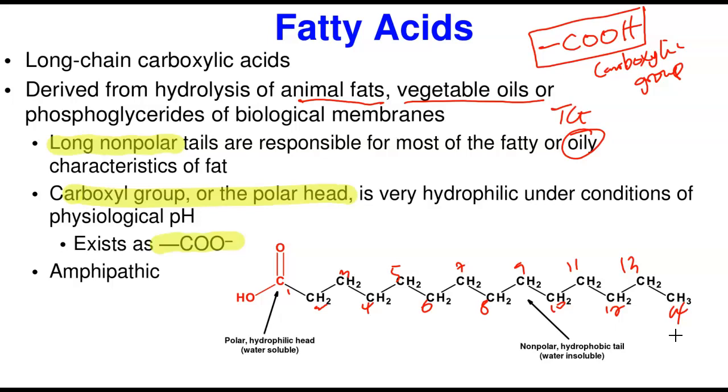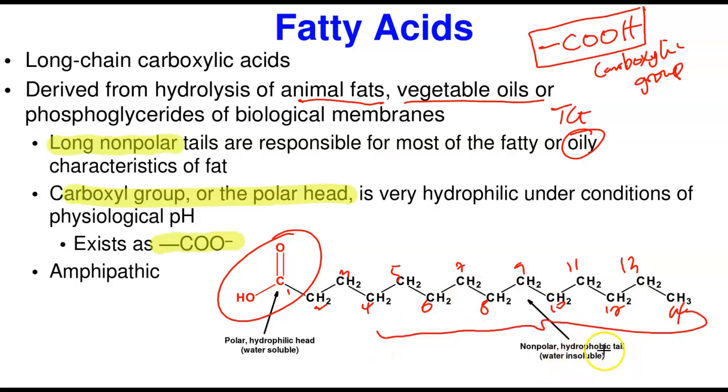Now, look at it. This is the polar head, made up of the carboxylic group, which is COO. It is polar and hydrophilic, which means water soluble, whereas the rest of this part is the non-polar hydrophobic tail, which is water insoluble. So having both the polar head and the non-polar tail is what makes this fatty acid amphipathic in nature.